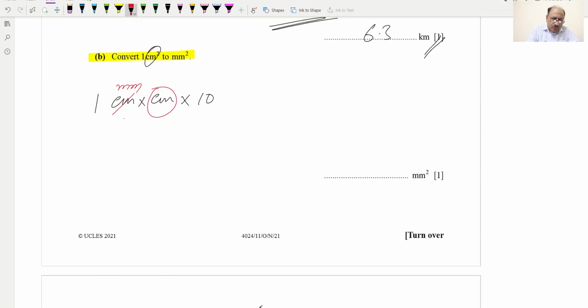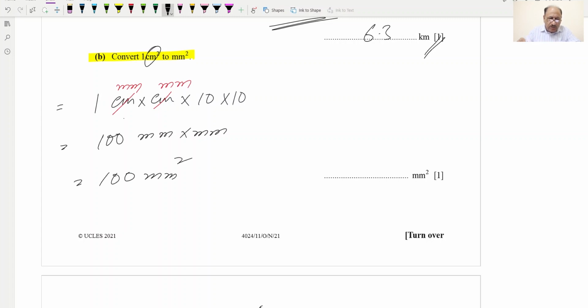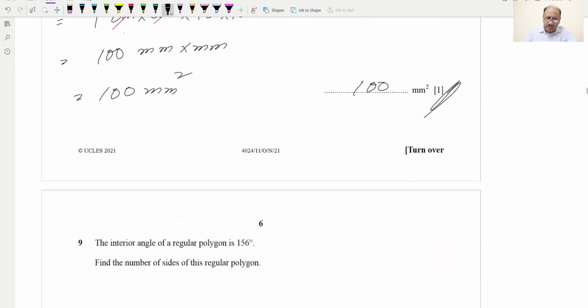To convert this also into millimeter, we will multiply once again by 10, and now this is also converted into millimeters. Now what we can do, we can multiply this. 10 into 10 is 100, 100 into 1 will be again 100, so 100 millimeter into millimeters, and finally we can write 100 millimeters square, and this will be our answer, which we can provide over here. This is a 1 mark question, the explanation is just for your understanding.